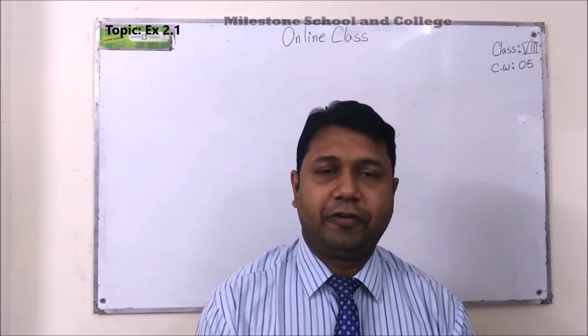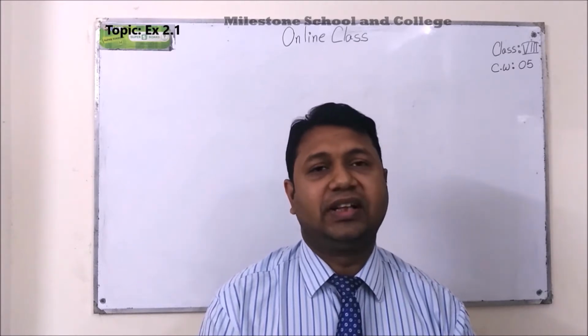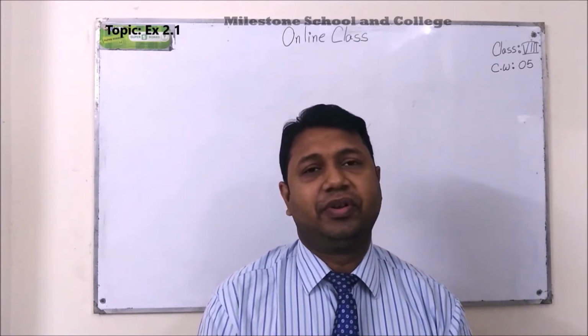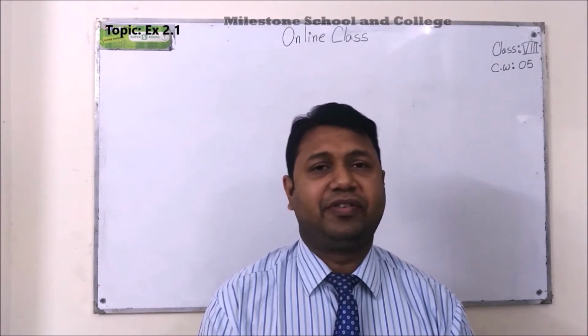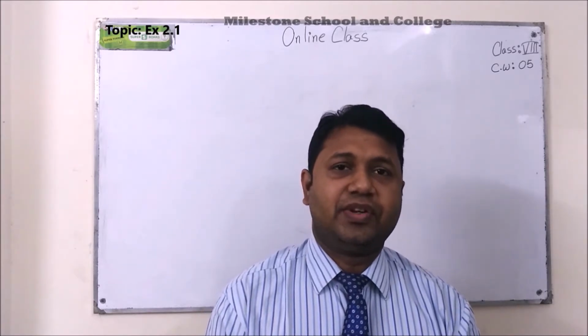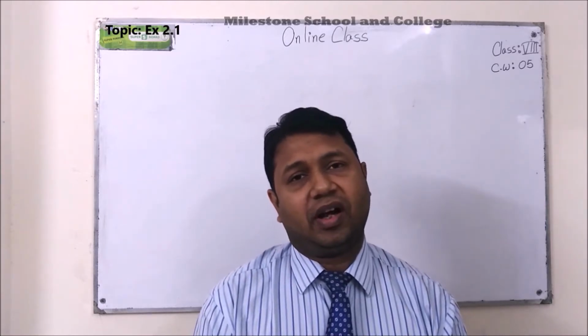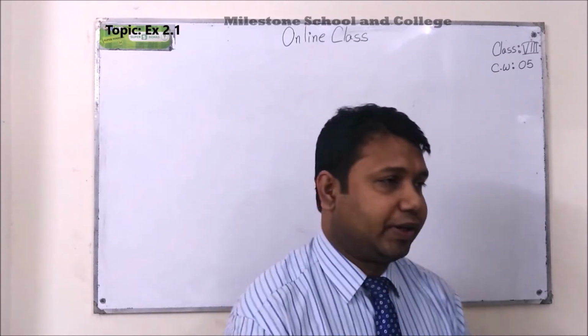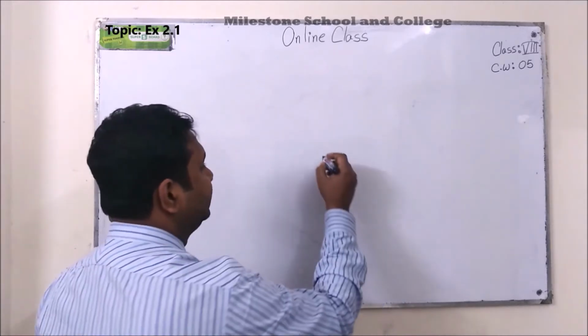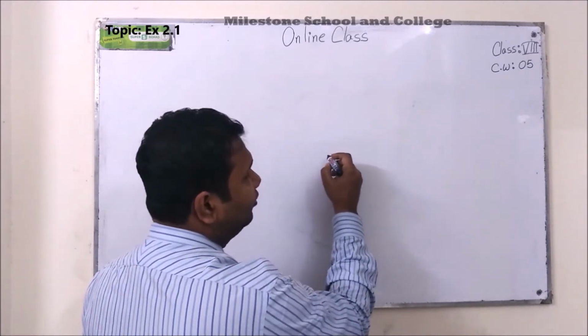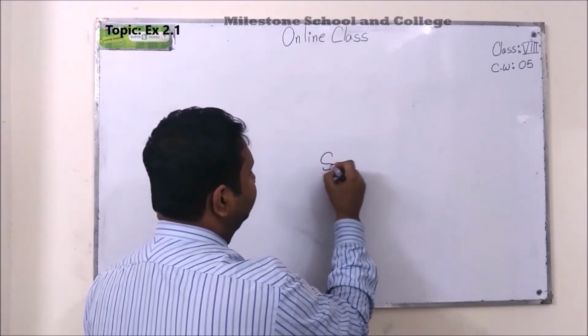Before we study today's class, we are just going to revise what we did in our previous class. In the last class, we learned some formulas. At first, I am going to discuss the formula of simple profit.